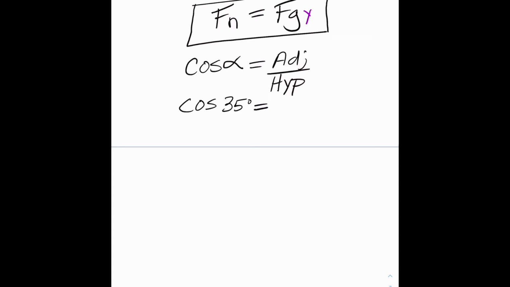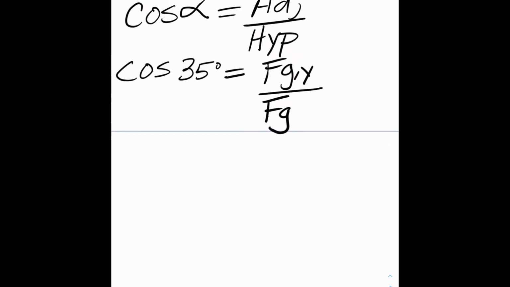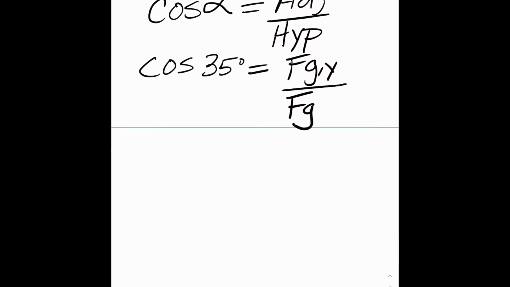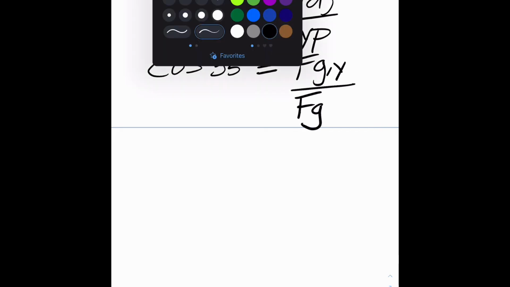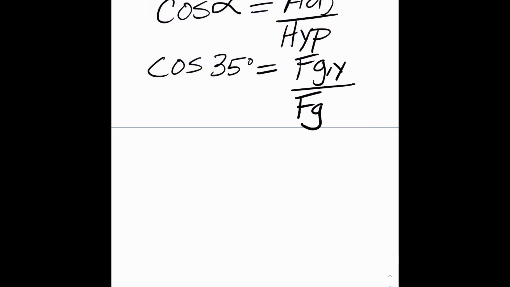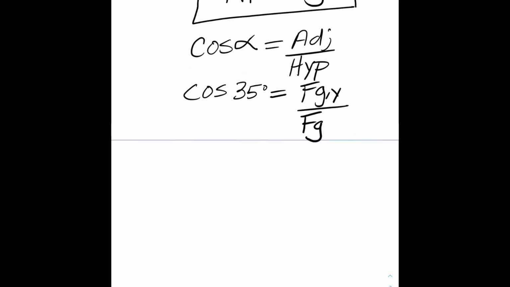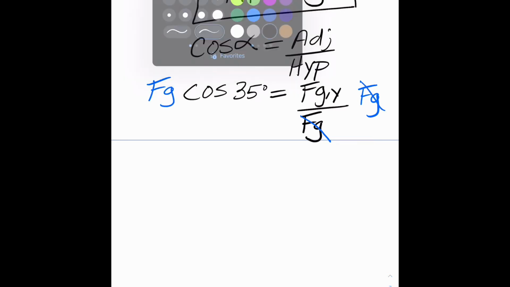Okay, so the adjacent we said was FGY. And we also said that the hypotenuse was FG. So FGY then is equal to something. We're just going to have to solve it, right? We've done this before. So we'll multiply both sides here by FG. All right, and now we have an expression for FGY.